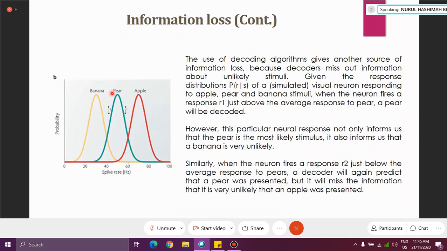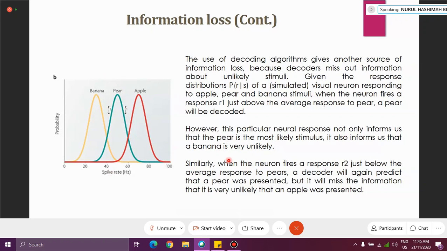Okay, so we're talking about R1 and R2 here. If R1 is just above the average response to pear, then it will say that we are looking at the pear picture. It also informs us that if it's above average, then it's very unlikely that it is a banana. So when it sees this, above average, it sees pear, and definitely it's not going to be banana.